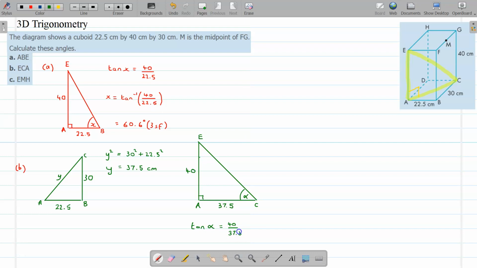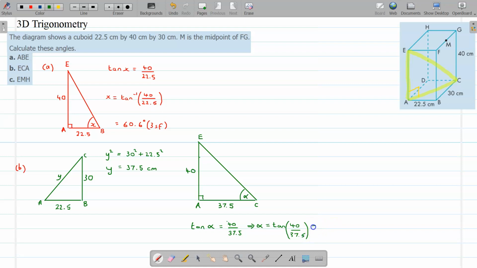And if I rearrange that, I can say that alpha is the inverse tangent of that fraction. Put that on the calculator and it will tell me what the angle alpha is, and I want that to 3 significant figures.